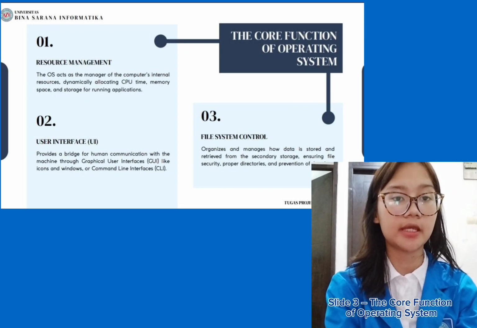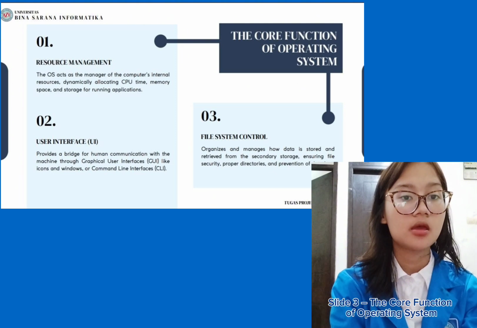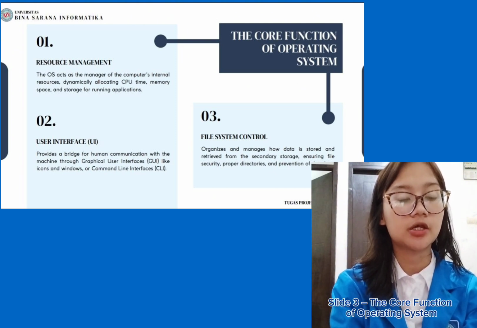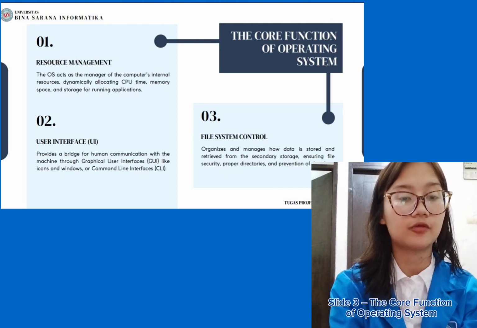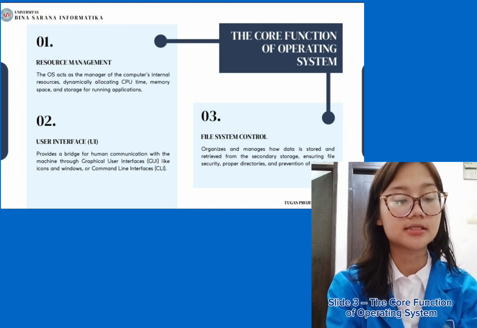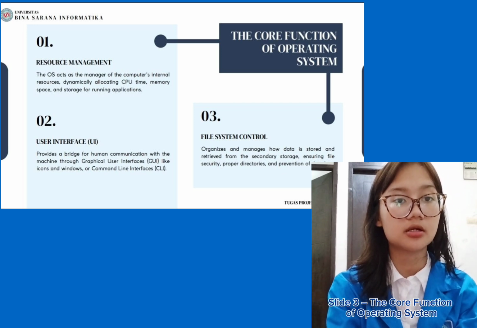Next, I will explain the main functions of the operating system. The first function is resource management. The operating system manages the CPU, memory, and storage so that applications can run efficiently. The second function is providing a user interface.